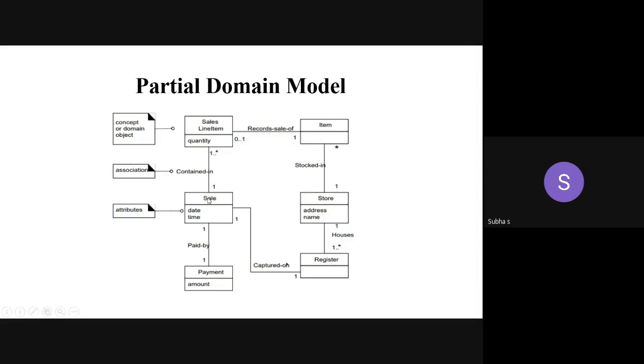A sale means the sale of the particular items that we are purchasing. All those things are to be recorded in the register. A sale is captured on the register. An item is stocked where? In a store. Not only one item; I have mentioned many items, many products. Many products are stocked in one store.